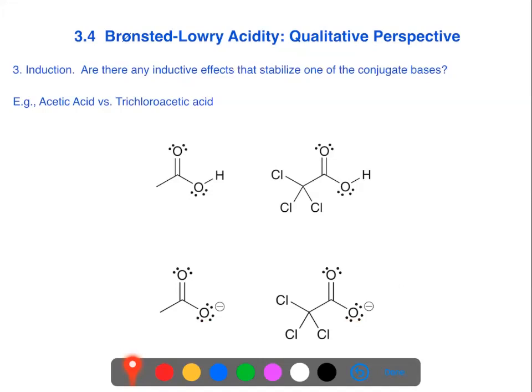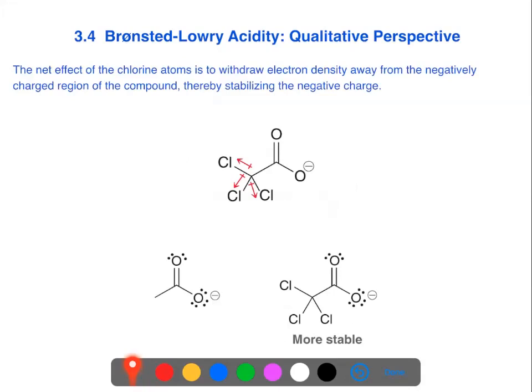So neither of those two factors are going to allow us to determine which acid is indeed stronger. So this is where the inductive effect comes into play. So induction is really the ability of atoms to withdraw electron density from neighboring bound or through bond neighboring atoms.